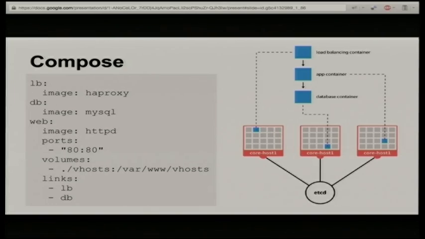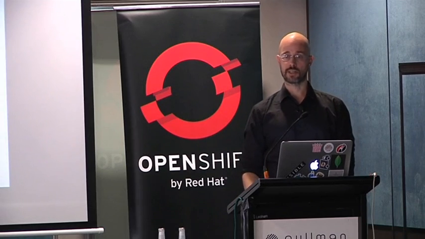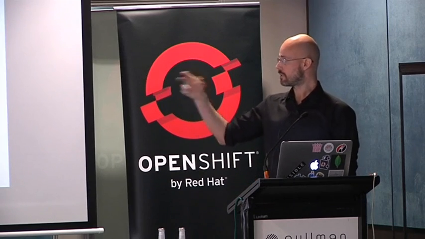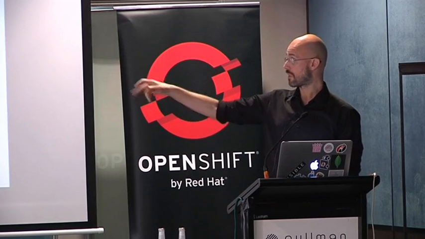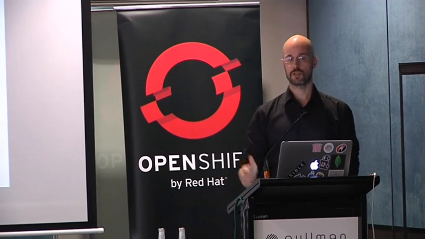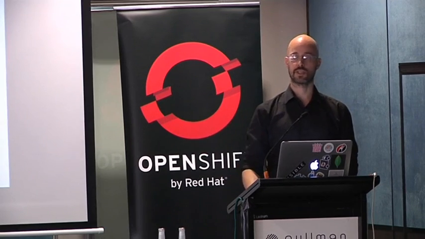You don't care where a load balancer, a database, a web node is running. You just state that you want a load balancer, a database, a web server running in the cluster. That's it. It runs somewhere. If you destroy, if you nuke the CoreOS host on which the container is running, it's really easy to move the destroyed container somewhere else.